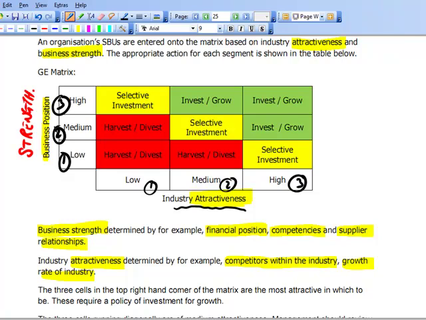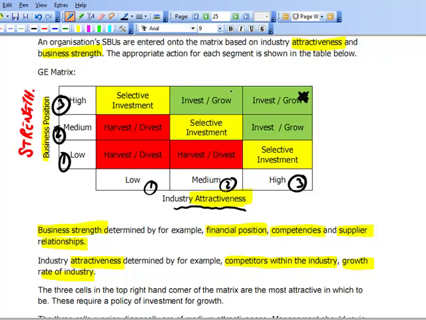Now, the matrix here in our Express Notes is nicely colour-coded. If we look at the green ones first, here we're in a high strength position in a very attractive industry. So yes, we need to invest in that SBU. We need to try to grow it.